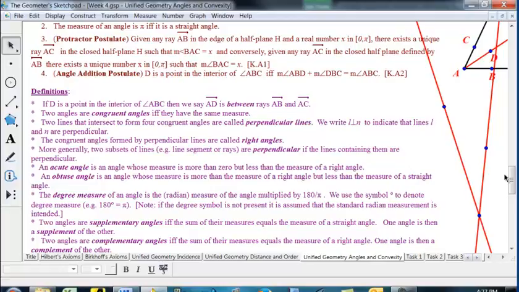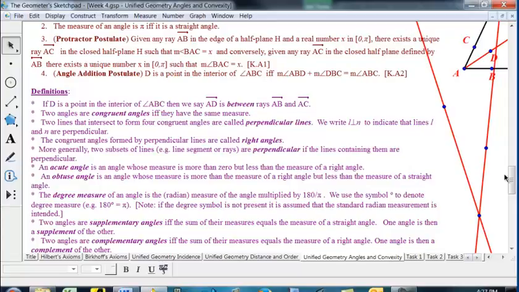The degree measure of an angle is the radian measure of an angle multiplied by 180 over pi. We use a symbol, a little raised circle, to denote degrees. So 180 degrees equals pi. Notice that the degree symbol is not present, so it's assumed that the standard radian measurement is intended. If you don't see a degree symbol, you mean radians.